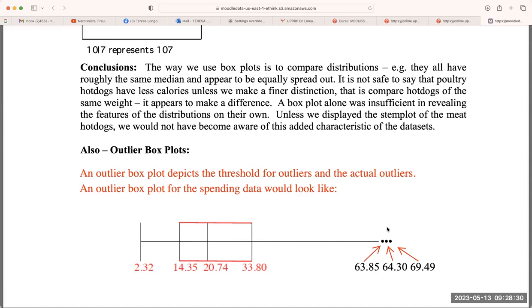So you find the limit, and then every value beyond that you identify with a dot. And that way, visually, I can see there are 3 outliers, 3 extreme values.